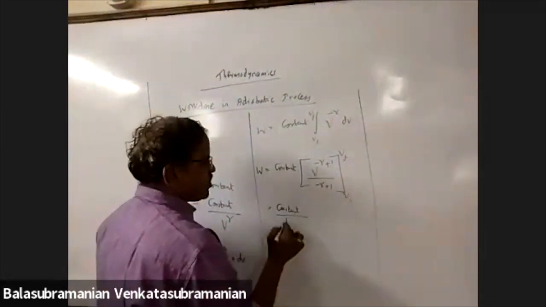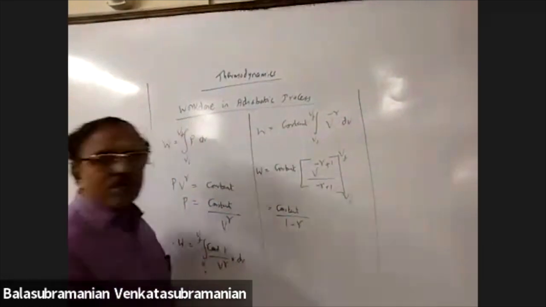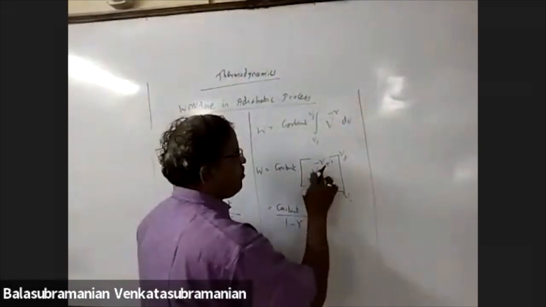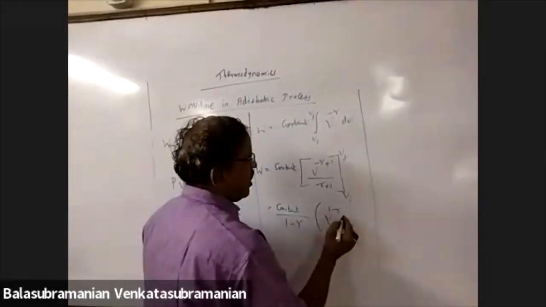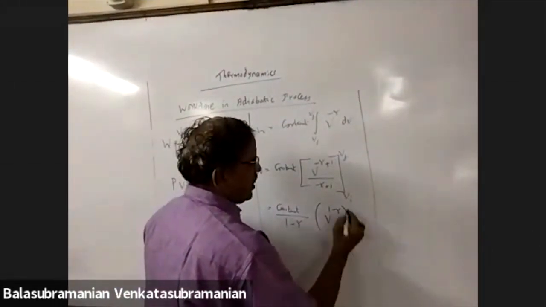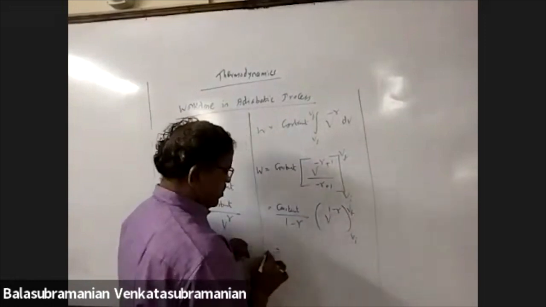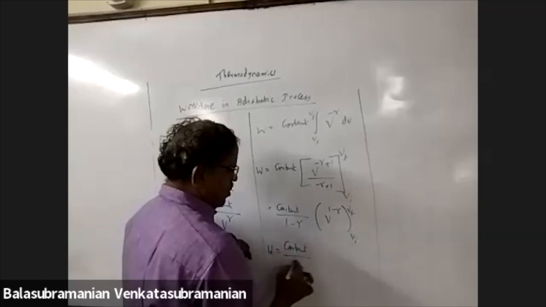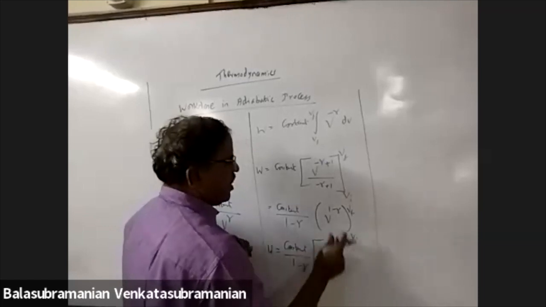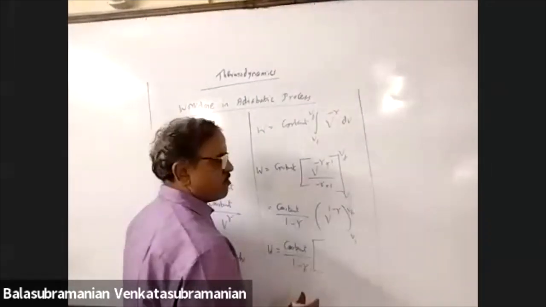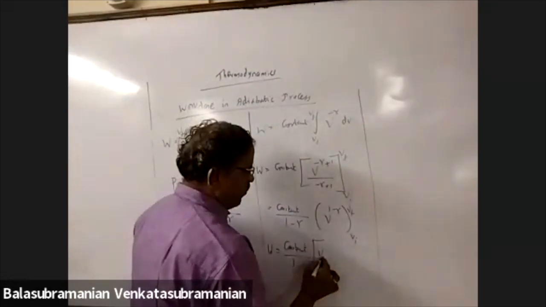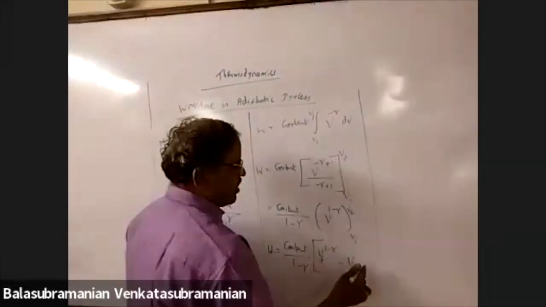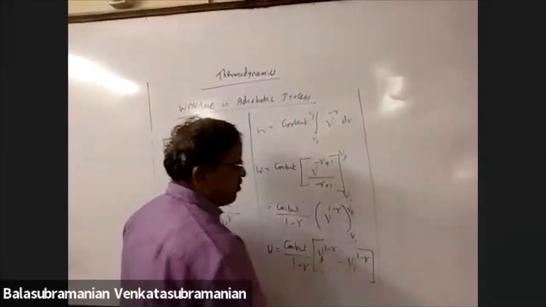Minus gamma plus 1 is nothing but 1 minus gamma. Constant by 1 minus gamma, upper limit Vf power 1 minus gamma minus lower limit Vi power 1 minus gamma.